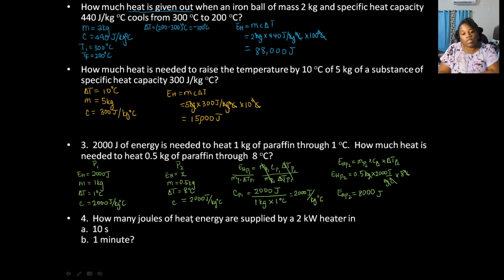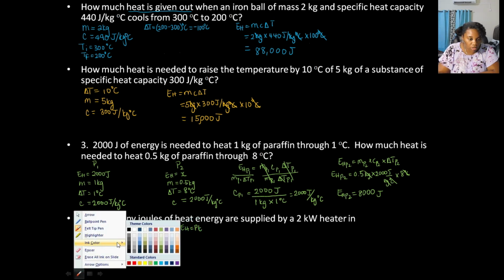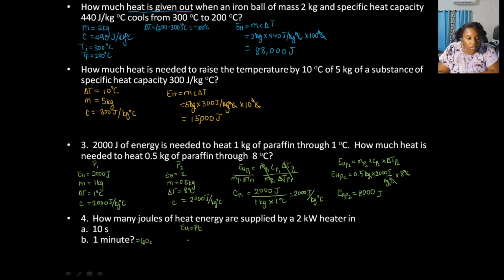How many joules of heat energy are supplied by a 2 kilowatt heater in 10 seconds and 1 minute? So let me just change this to 60 seconds one time. So because we're dealing with time, we know we're going to be dealing with EH equal to power times time. So in this case, in A, we have T equal to 10 seconds, and we have P equal to 2000 joules per second.